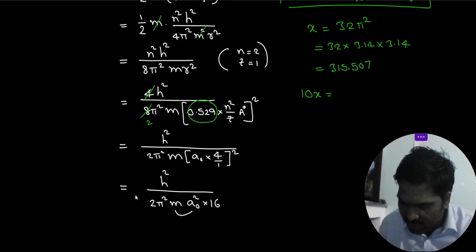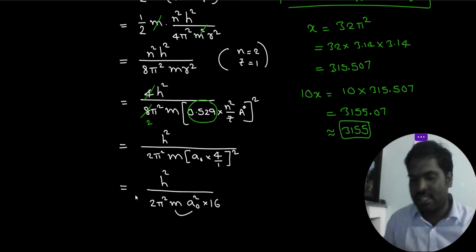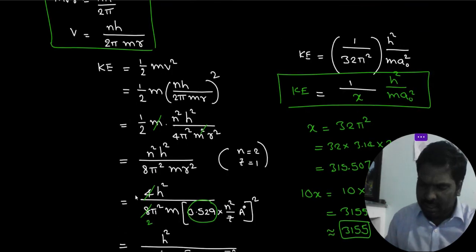So 10x equal to 10 into this, which is 3155.07. So the nearest integer value is 3155. This is the right answer. Understood?